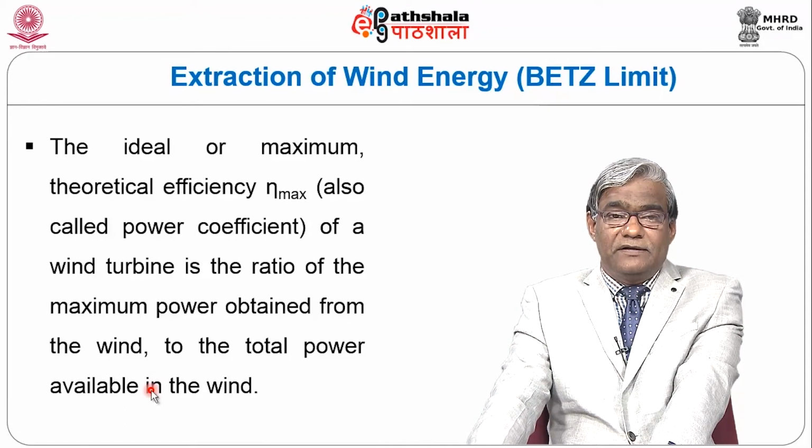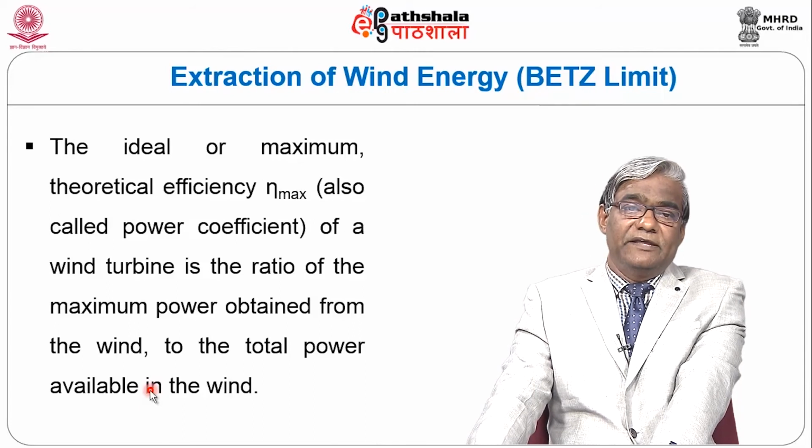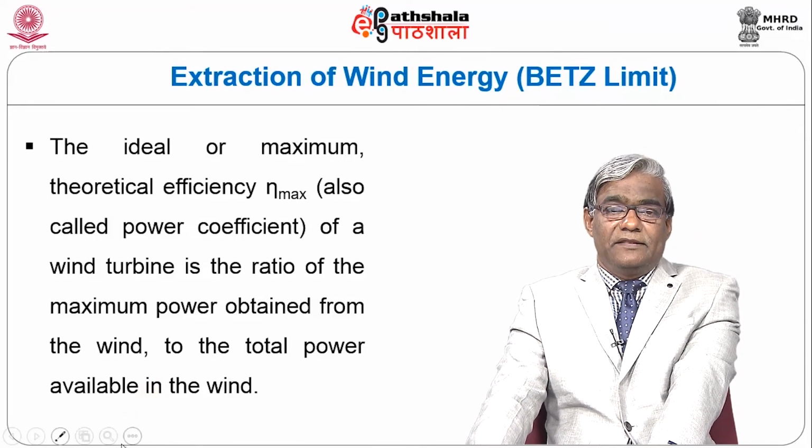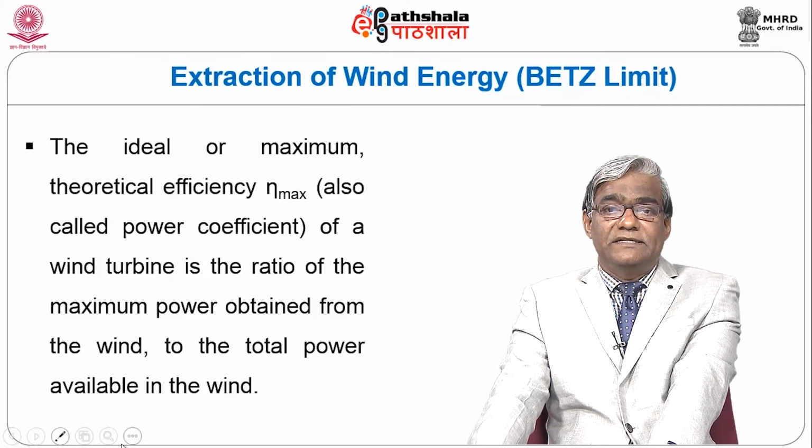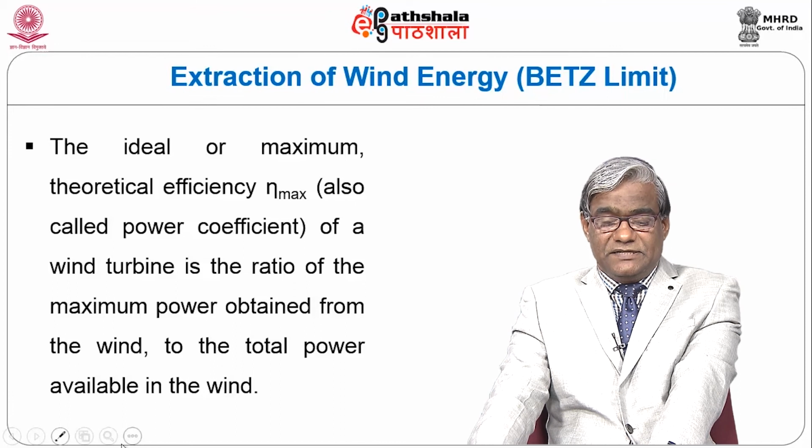We equate the upstream and downstream, substitute the equations, rearrange, and find the force, and then equate it with Newton's second law. Finally we arrive at the Betz limit, the theoretical limit from wind energy, which is about 59.3%.